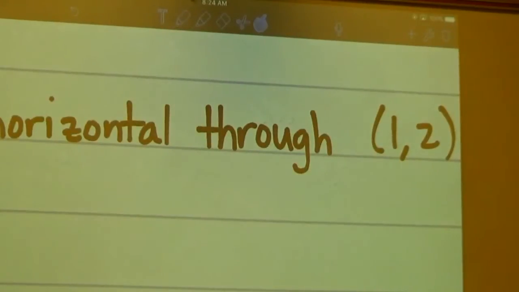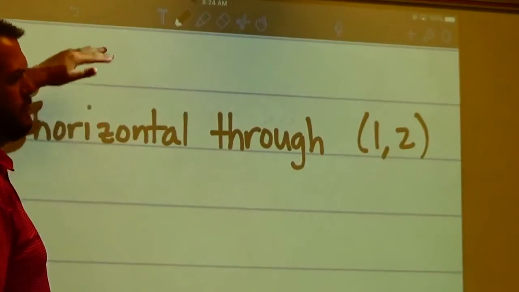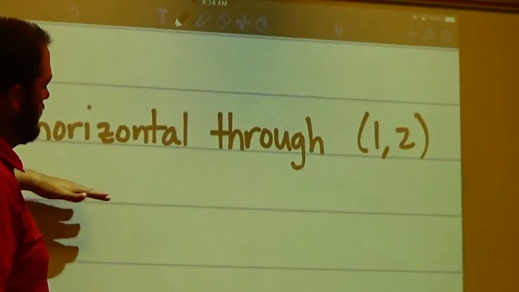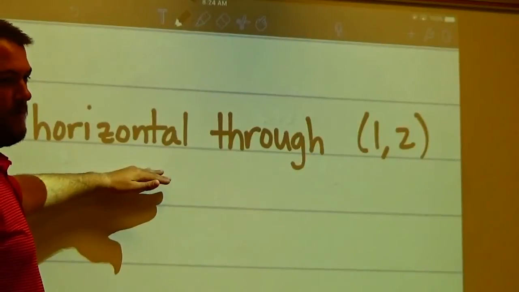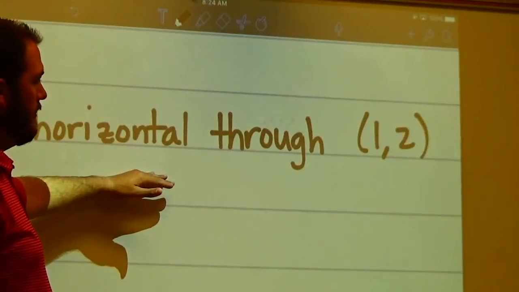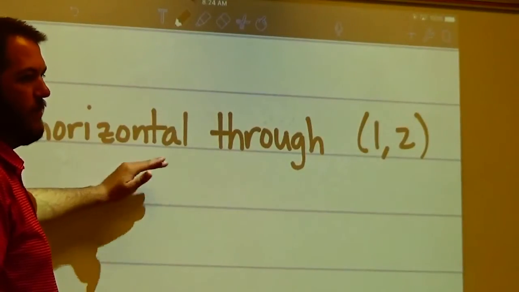If we have a horizontal line through the point 1, 2, a horizontal line crosses which axis? The y. So the only thing we care about is the 2. So all it's going to be is y equals 2.